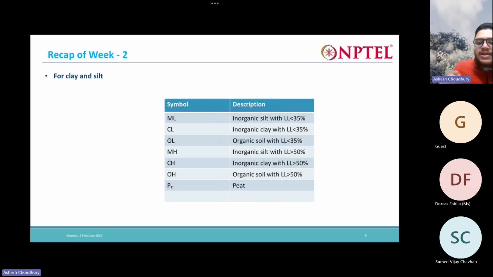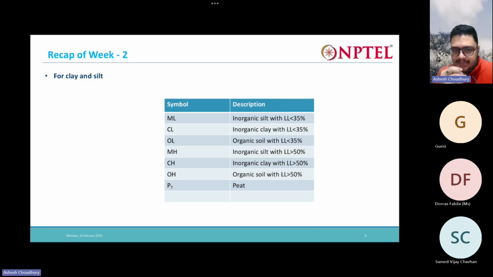Now let us see fine grained soil. Fine grained soil means clay and silt, right? For clay and silt, let us see what we are going to have. First we can have ML, inorganic silt with liquid limit less than 35%.